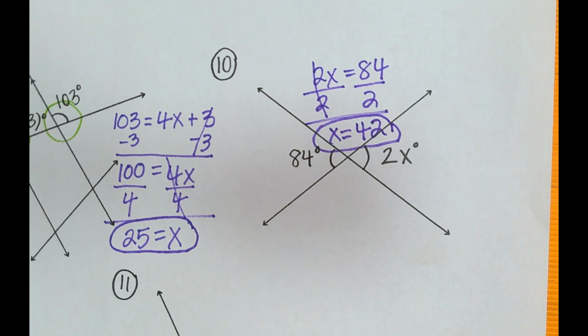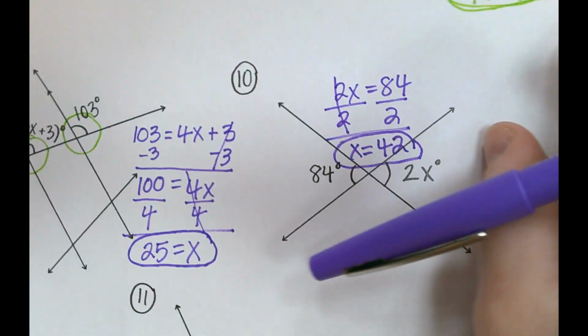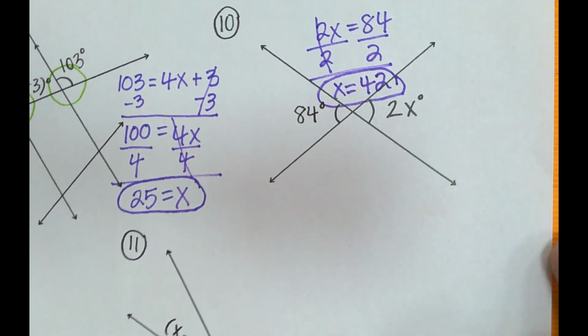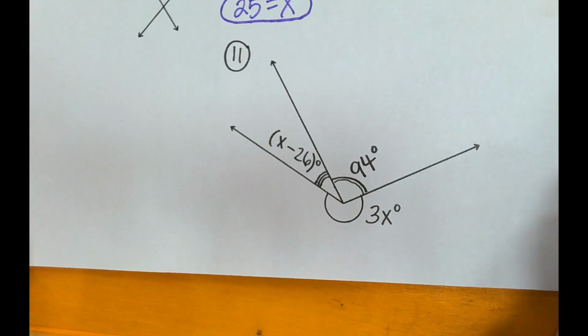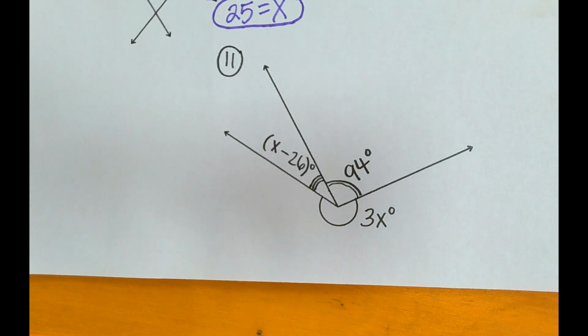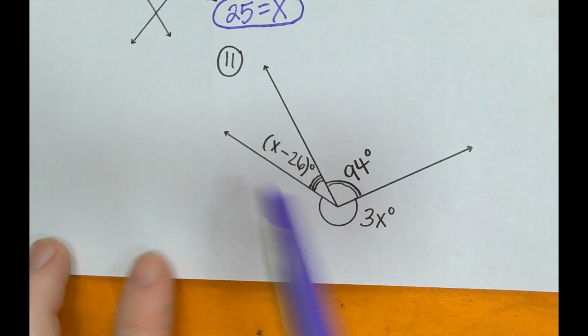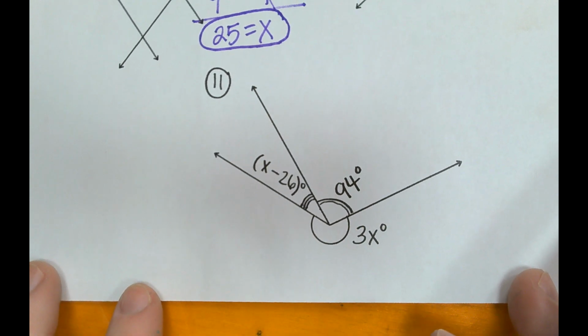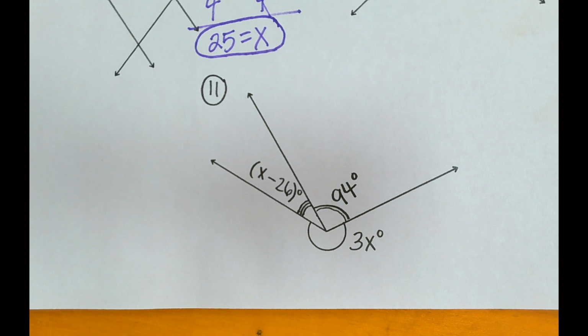All right, one more. Number 11. This one's a little tricky. Anybody have any ideas about number 11? What's going on here? You do the same as when it's 180, but you set it equal to 360.